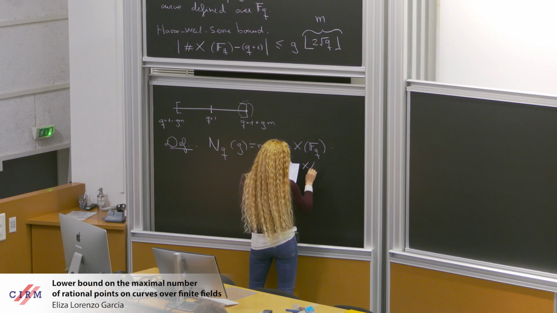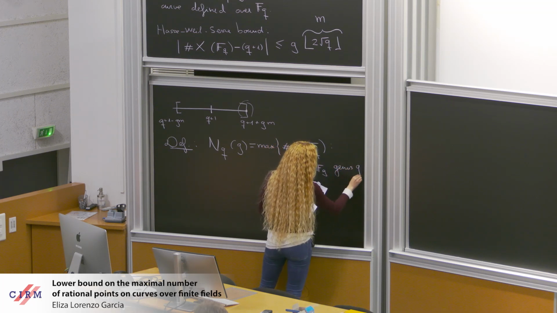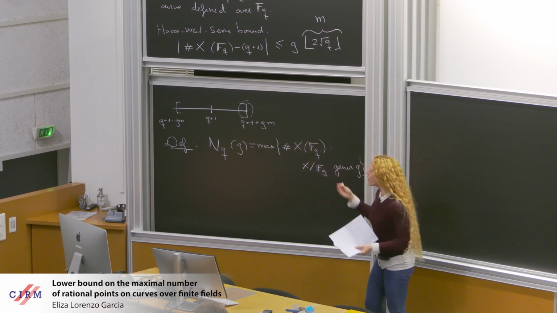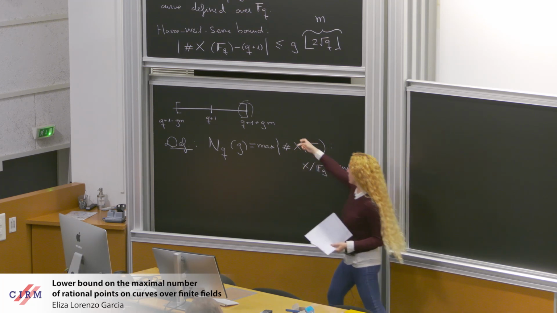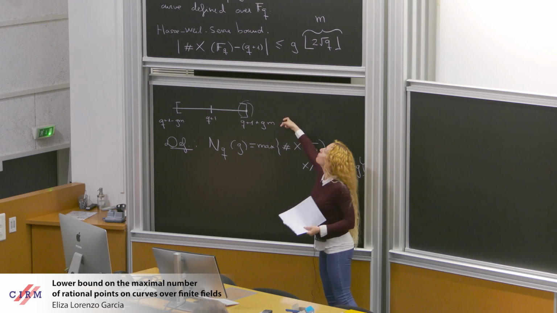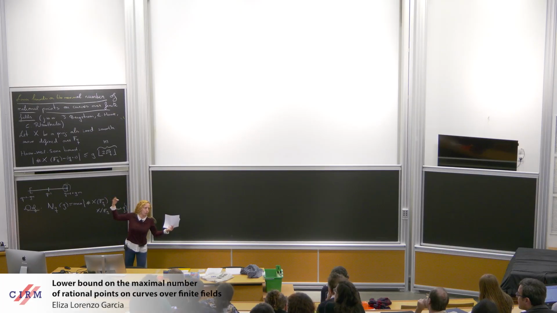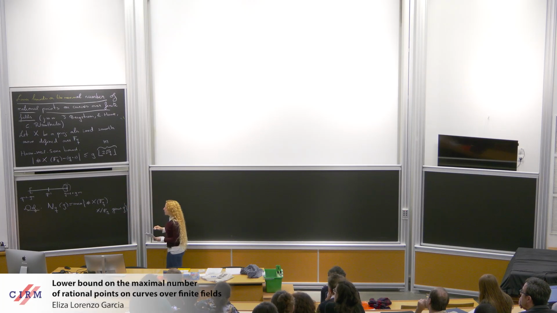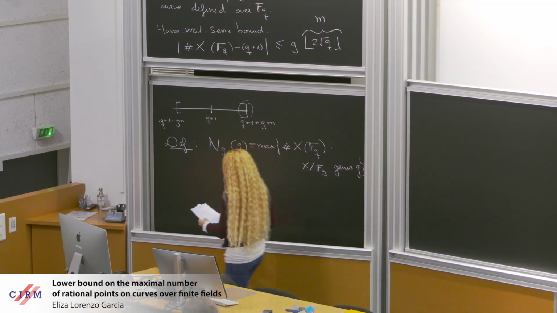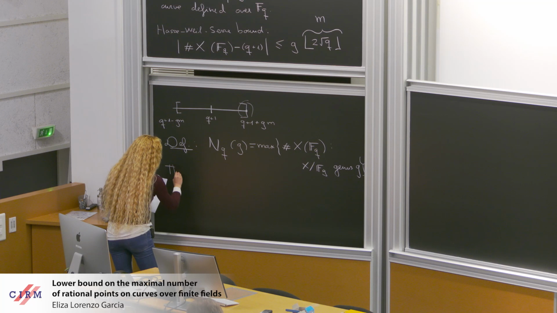So we clearly have a bound for this number. This is an upper bound for this number. But as the title of my talk says, I'm interested in lower bounds, which are more difficult in general.